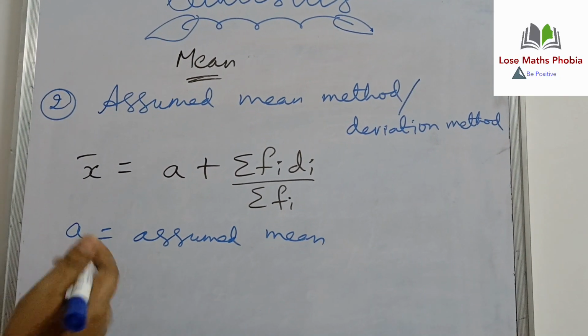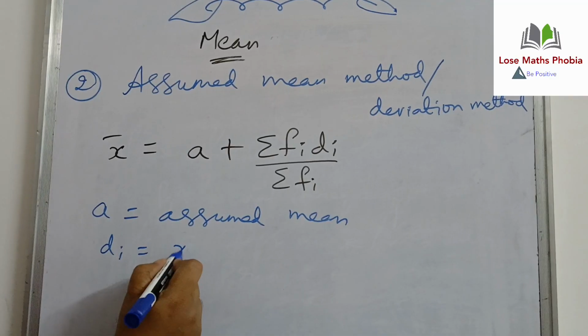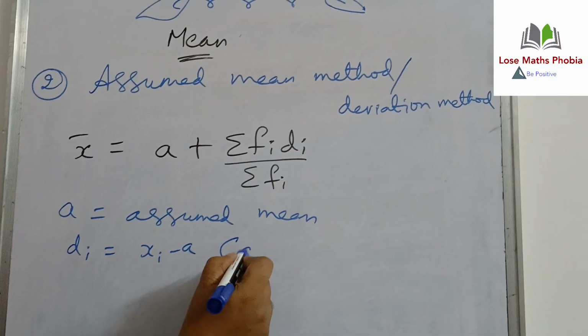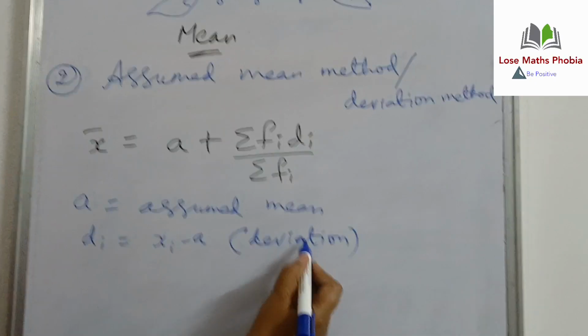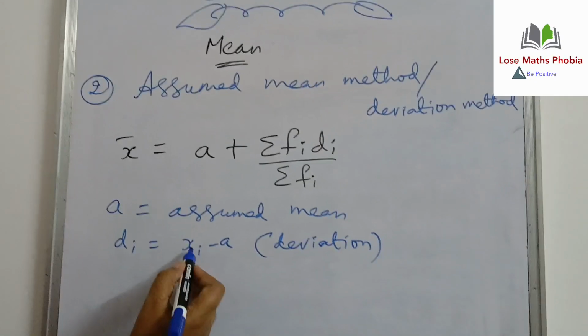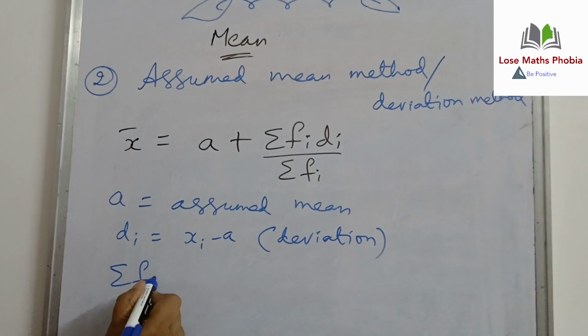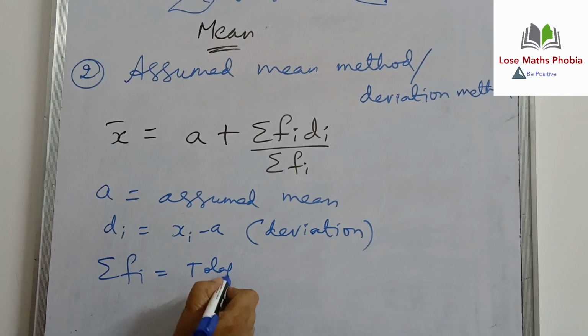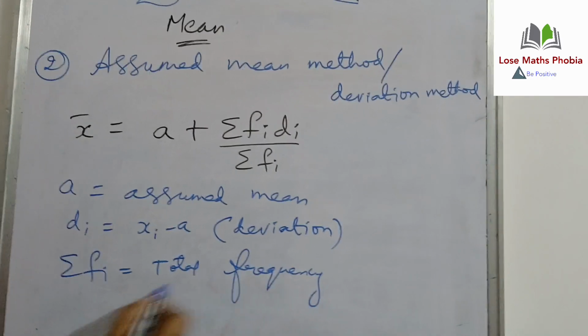Same like the direct formula we can write. And di is xi minus a. That is the deviation; di means deviation, that is xi minus a. And xi, you already know, is the class mark. And summation Fi is the total frequency, you already know. And what is Fi?